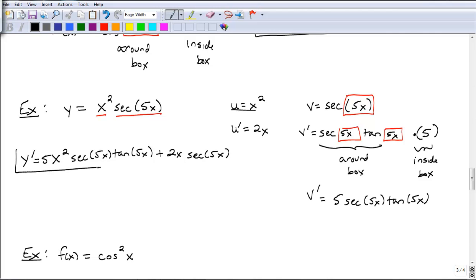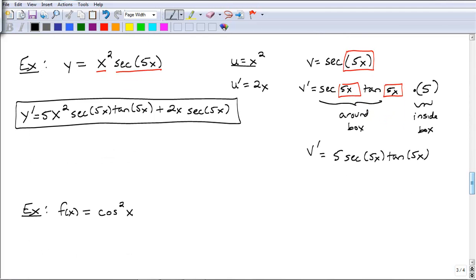So notice I used the product rule to find this derivative, but one of the terms in the product rule required me to use the chain rule. So again, with these chain rules, especially with trig functions, it gets a little bit weird.